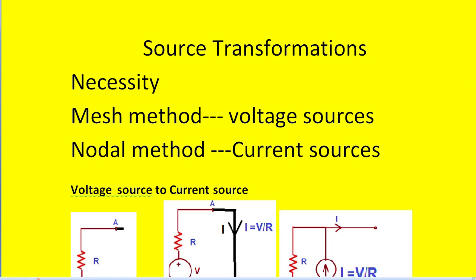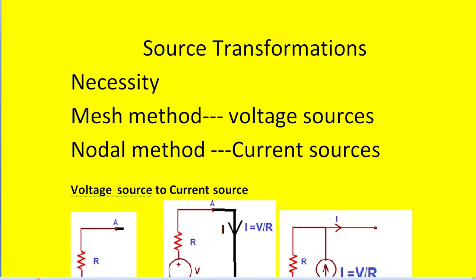So let me summarize once. Here we have seen the necessity of source transformations, and that for the mesh method we need voltage sources, whereas for the nodal method we need current sources for easy analysis.